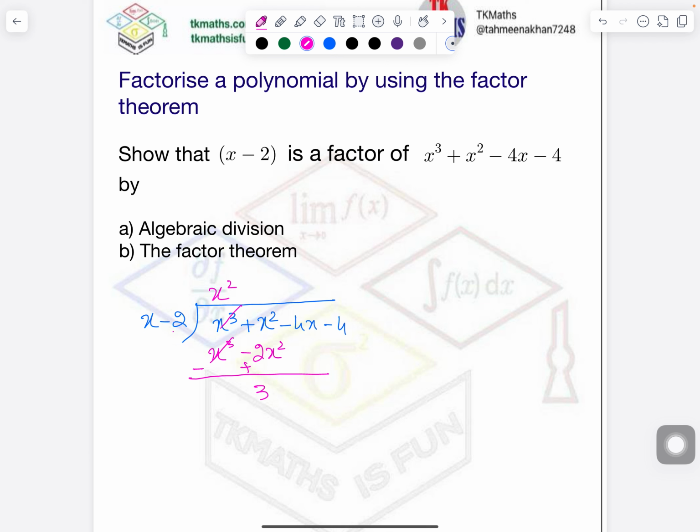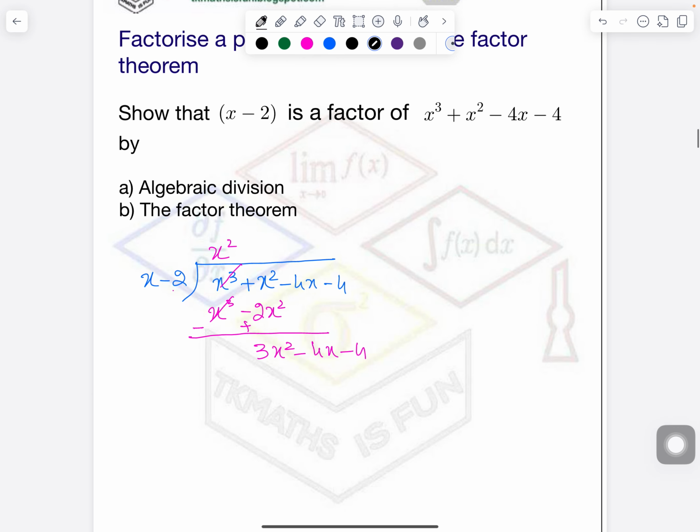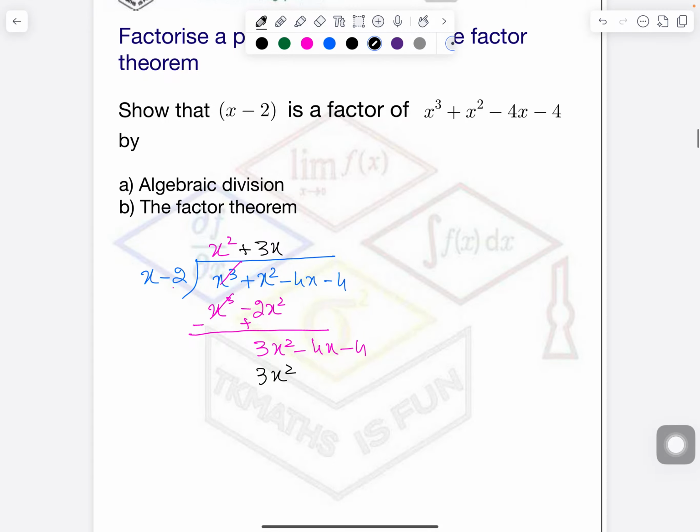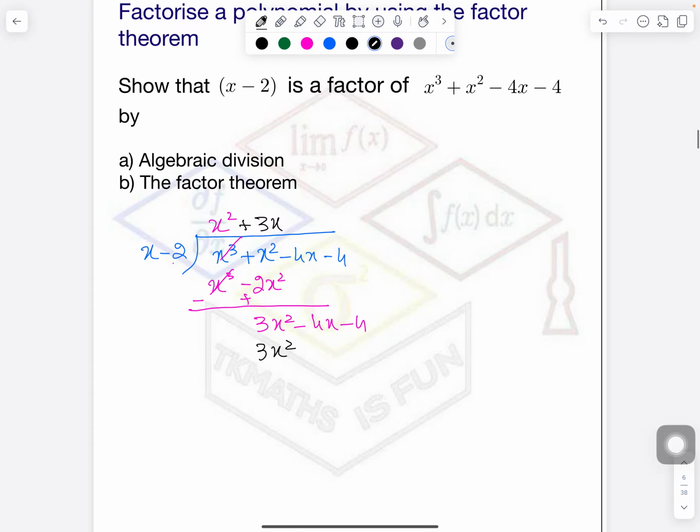This will become 3x square. I'm copying down. Then x multiplied by 3x will give me 3x square. Minus 2 times plus 3x is minus 6x. I will change the sign and subtract.